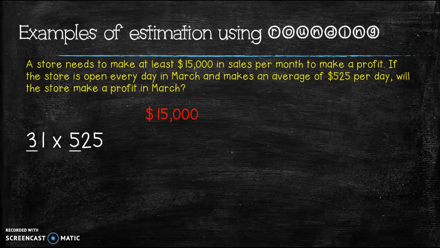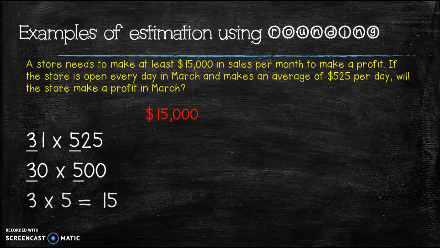So in the case of 31, the tens place is the highest place value, so I'm going to round to the 3. In the case of 525, the highest place value is the 5, so I'm going to round to the hundreds place. So this would be 30 times 500. Now I underlined 3 and 5 because in our strategies that we learned yesterday, we learned easy ways to do mental math, especially when we're talking about zeros.